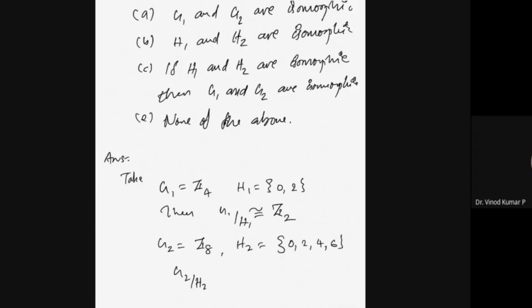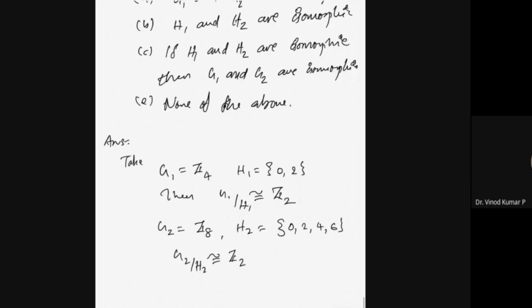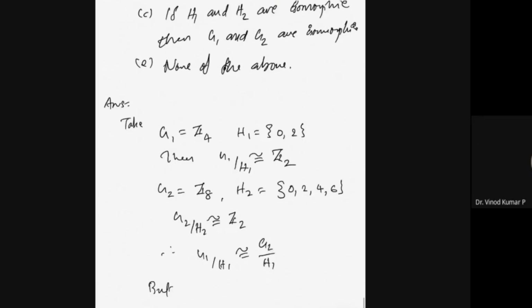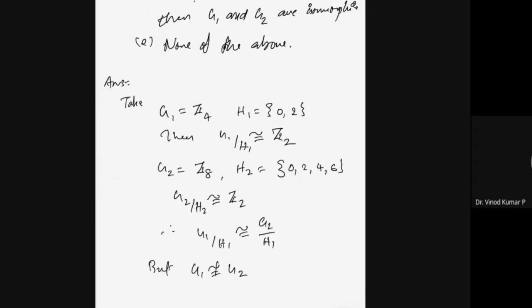So G2 by H2 is a group of order 2 and hence isomorphic to Z2. Therefore G1 by H1 is isomorphic to G2 by H2, but G1 is not isomorphic to G2 because the cardinalities are not the same. G1 has cardinality 4 and G2 has cardinality 8, and of course H1, for the same reason, is not isomorphic to H2. Therefore the statements A and B are false.